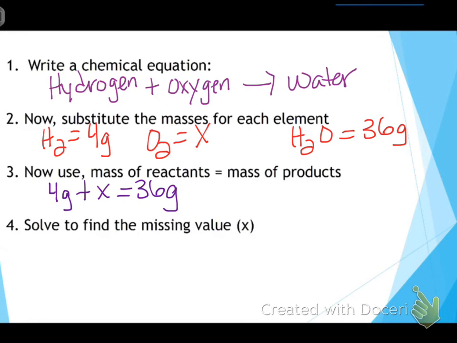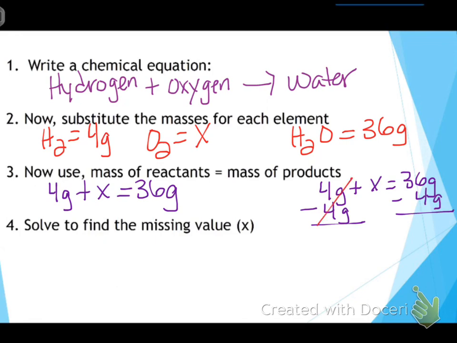Now you're going to use the mass of the reactants. So we have 4 grams plus X equals 36. And we have to solve for that. So I wrote it over here. You know what you do to one side of the equation, you have to do to the other side. So 4 grams minus 4 grams on the left side is minus 4 grams on the right side.